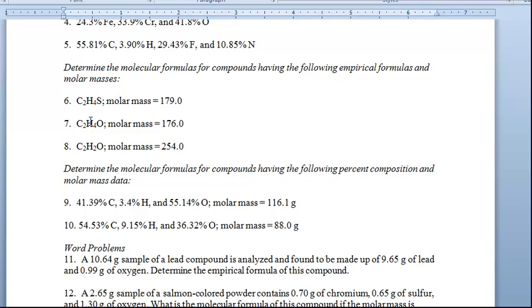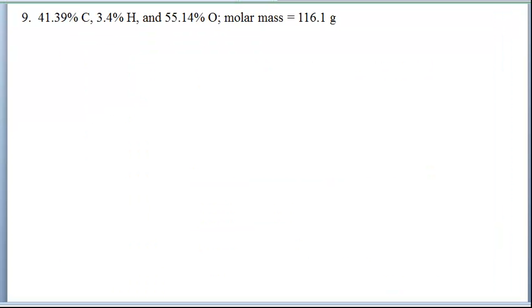Instead of just being given the empirical formula right off the bat, we have to start one step back. They're giving us the percent composition data. We first have to determine the empirical formula, then we use the molar mass to get the molecular formula. All right, but that's no big deal. We are all over that. So number 9, I'll show you.